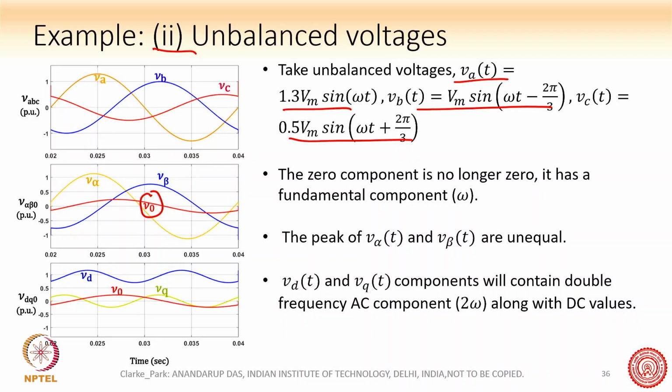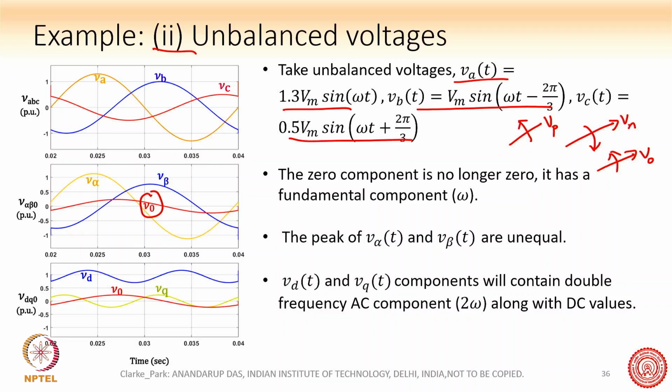Why? Because you can recall that when you have an unbalanced system, by using the Fortescue's transformation, you can have a positive sequence component, a negative sequence component, and a zero sequence component. So there is a positive sequence space vector V positive, a negative sequence space vector V negative, and a zero sequence space vector.